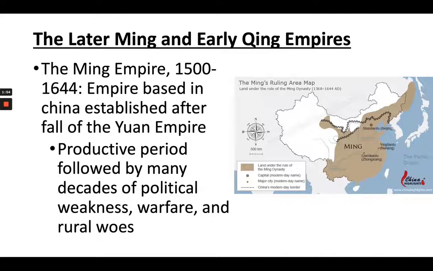So the Ming Empire, the Ming Dynasty, will last for about 150 years. You have a brief productive period followed by many decades of political weakness, warfare, and rural woes. It will eventually be replaced by the Qing Dynasty.